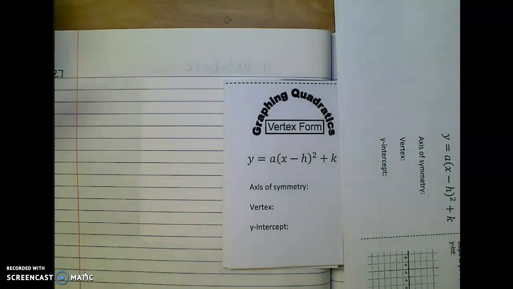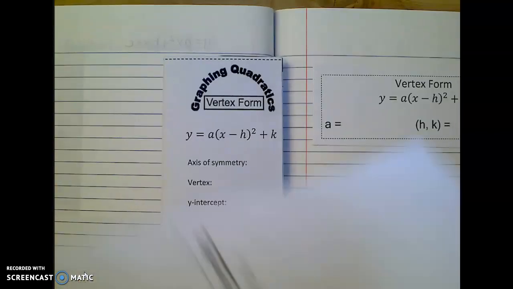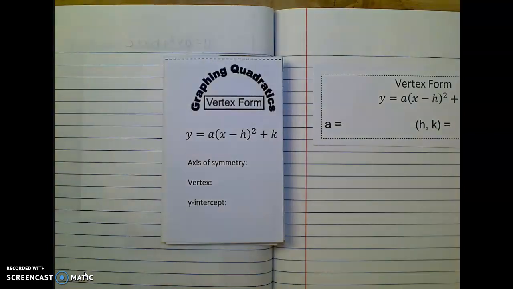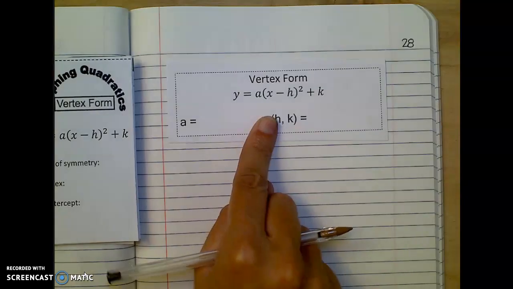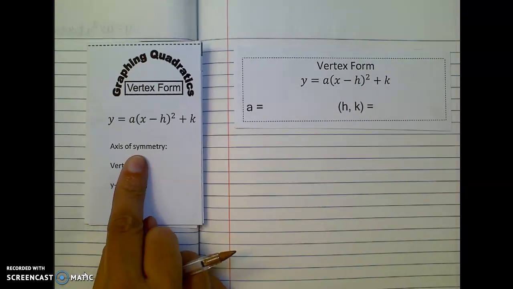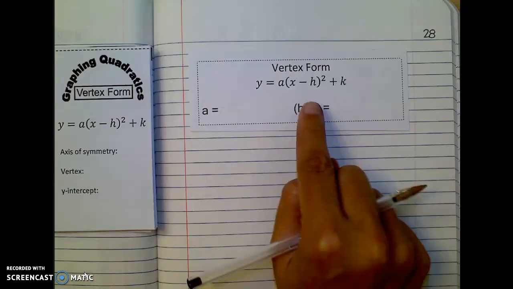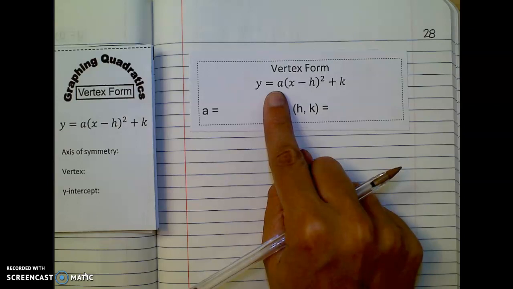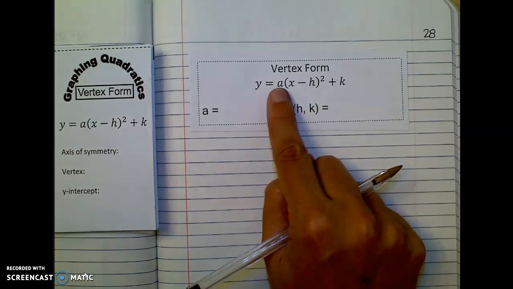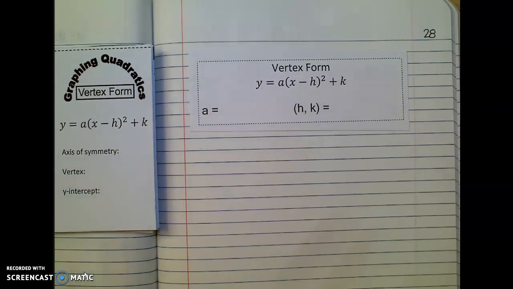So hopefully what I tried to allude to in class is that this is very similar to our absolute value graphs, okay? So I put the little note card on page 28, and then I put my book on page 27. And so if I'm looking at vertex form, we can hopefully now see even better that A, H, and K are clearly visible.